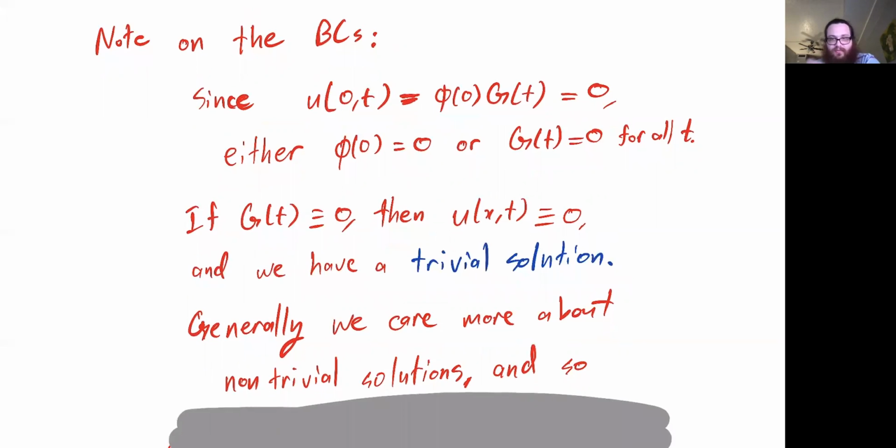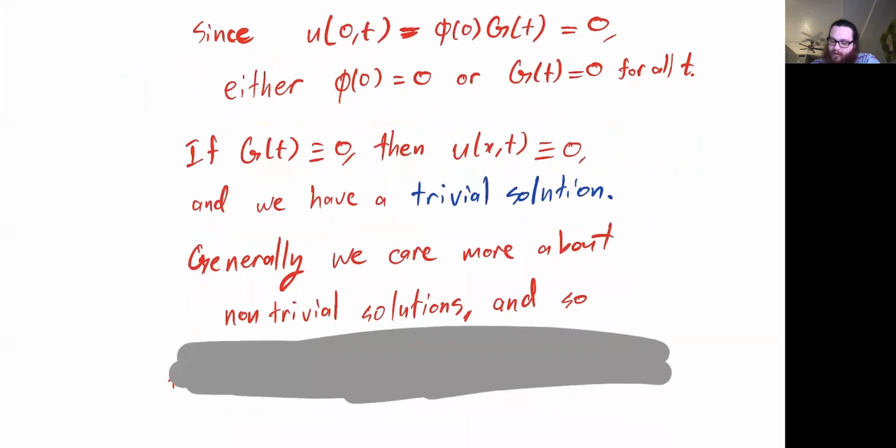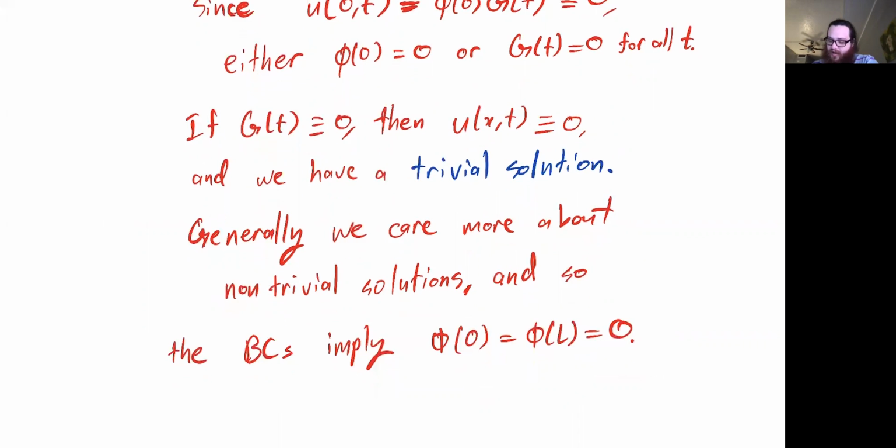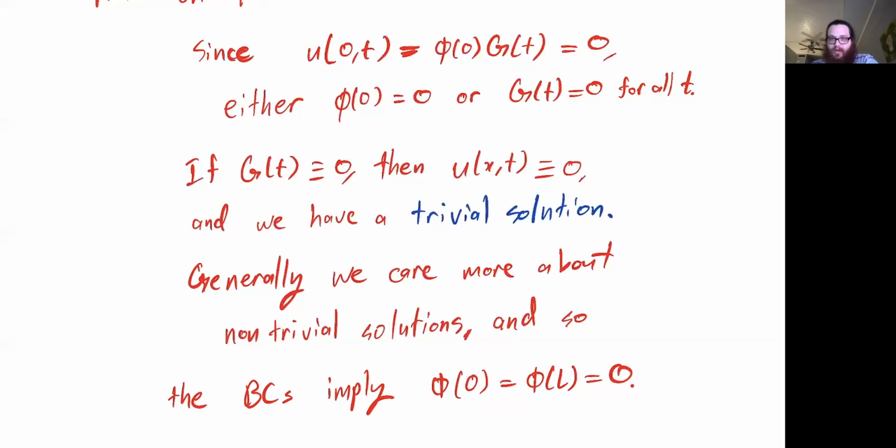It's a solution, but it's not really giving us anything valuable. Generally we care about non-trivial solutions. We want our functions to actually do stuff. And so what we conclude is that it can't be the case that g of t is 0. We want a non-trivial solution. So the only other option is that phi of 0 is equal to 0.